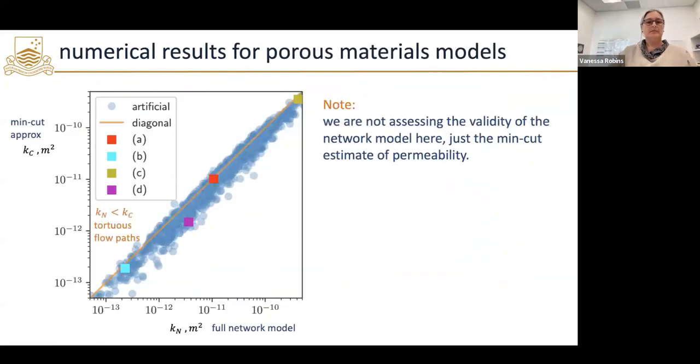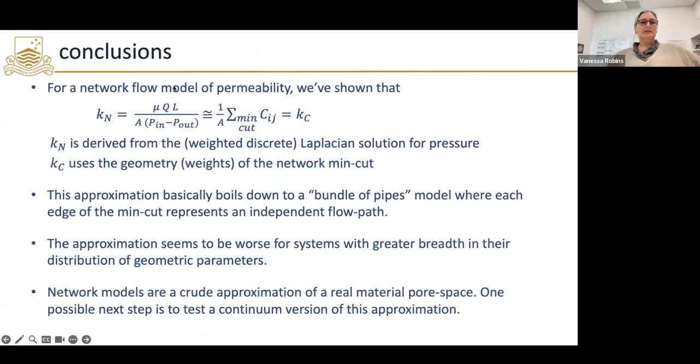Oh yeah, so I did repeat the picture here. So here's the general picture. Network permeability bigger than min cut means I've got highly variable conductivities, whereas network permeability less than the min cut means I have very tortuous flow paths.